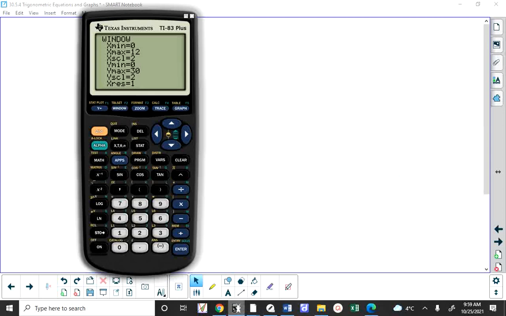I hope that you appreciate this comment. If I go 0 to 30, since the graph doesn't start vertically until 10.5, there is going to be some wasted space on the graph. And that means that the graph will be flattened out close to the top. Let me show you what I mean. Here's the graph.